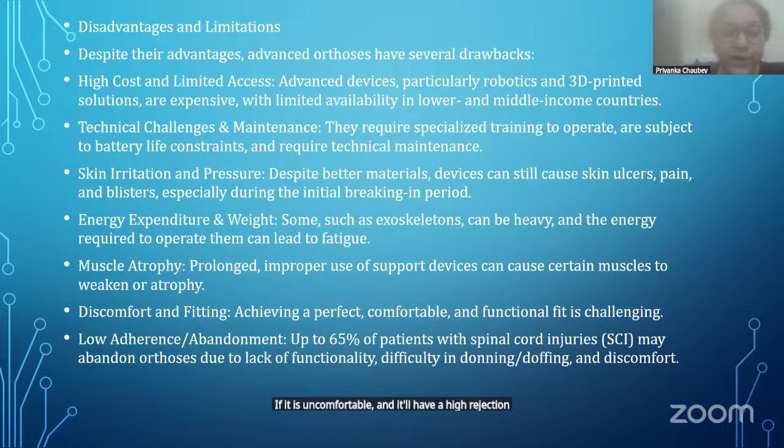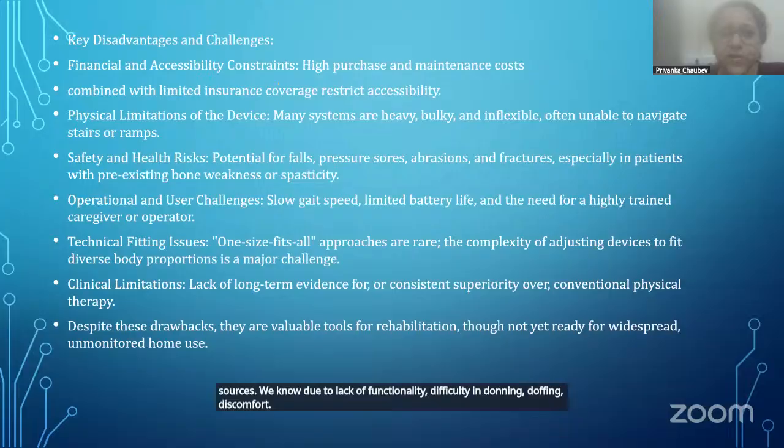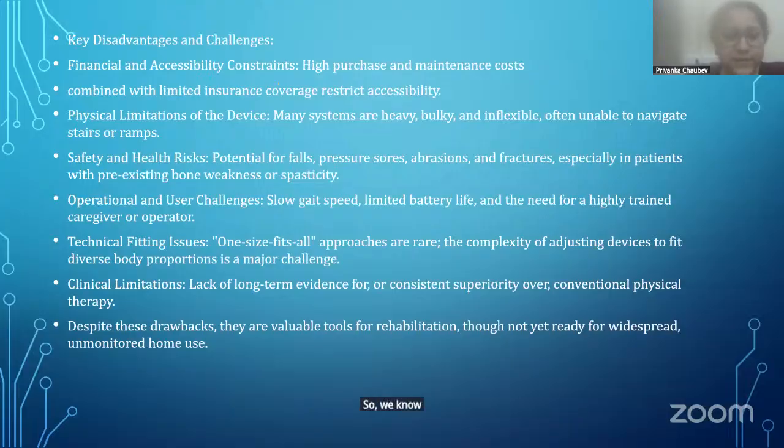Low adherence, abandonment: up to 65% of the patients with SCI abandon orthosis due to lack of functionality, difficulty in donning, doffing, and discomfort. We know this is a repeat of the same thing. Also, there is a high purchase and maintenance cost. Also, insurance might not cover it, though in other countries insurance covers most medical requirements.